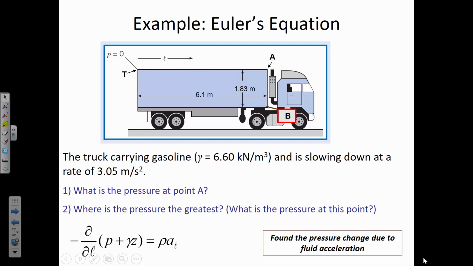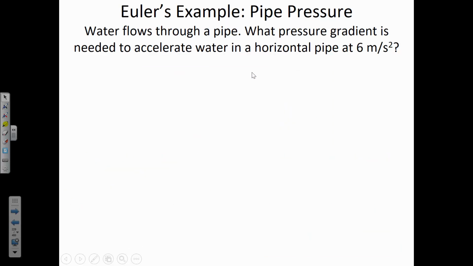And that's why Euler's equation keeps track of pressure plus gamma z. Because this tank was enclosed at the top, had a lid on it. If there was no lid, then the liquid level would be sloshing back and forth. And so Euler's equation can also predict how the liquid elevations would change if it's in an unconfined tank that's open to the atmosphere. We'll do that a bit later. But for now, let's continue to assume that we have an enclosed container.